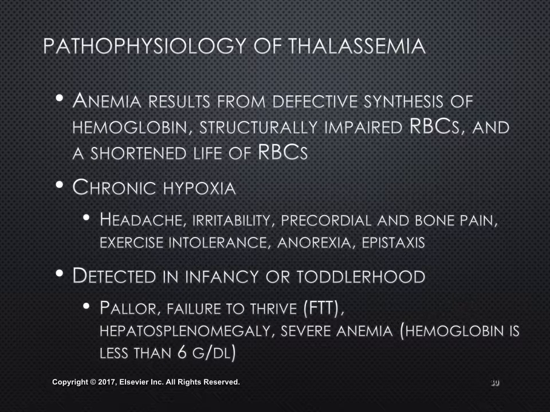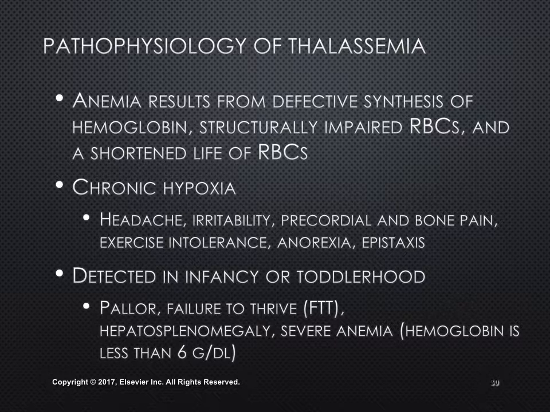The pathophysiology of thalassemia is that the anemia results from defective synthesis of hemoglobin and structurally impaired RBCs, also a shortened life of the RBCs. As a result, they have chronic hypoxia that shows as headache, irritability, precordial and bone pain, exercise intolerance, anorexia, and nosebleeds.